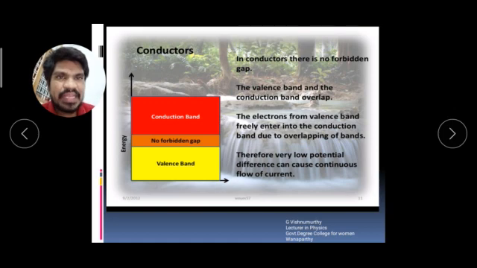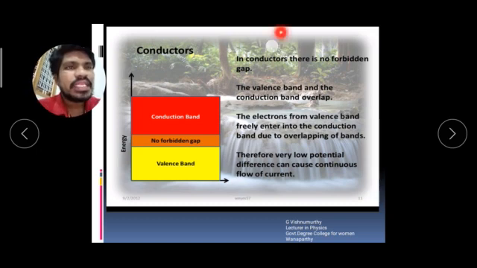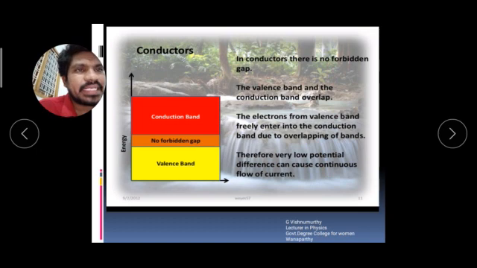That's why no external energy is required for the valency electrons to reach the conduction band. At room temperature, some of the valency band electrons easily reach the conduction band, so conductors easily conduct current. Here you see, in conductors there is no forbidden gap.